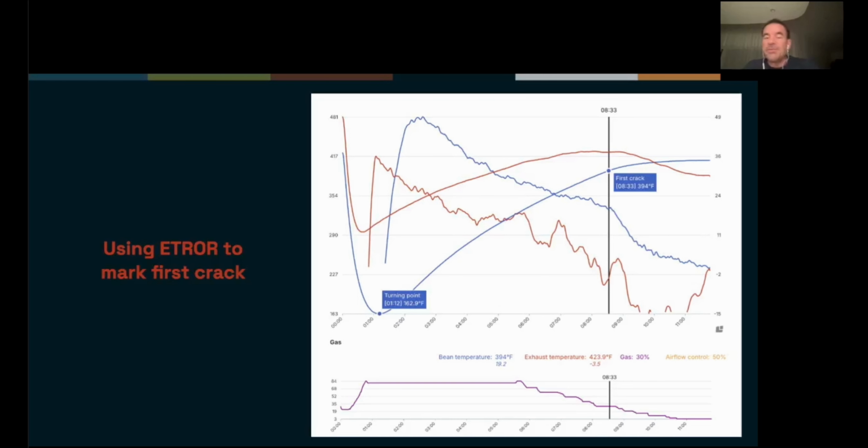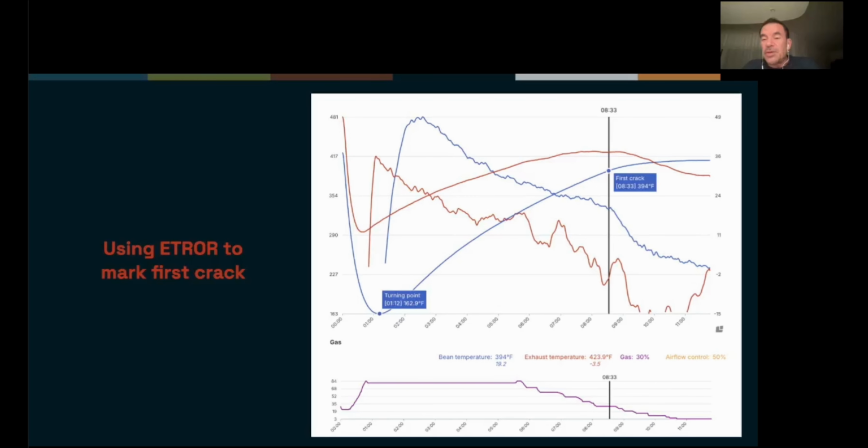So if you remember when we talked about how the environmental temperature is a combination of air that has passed through the beans and some air that went straight from the burner out the exhaust, this first crack moisture release is deflecting some of the air so that a little bit more of that very hot burner air leaves the roasting system without passing through the beans and getting cooler.